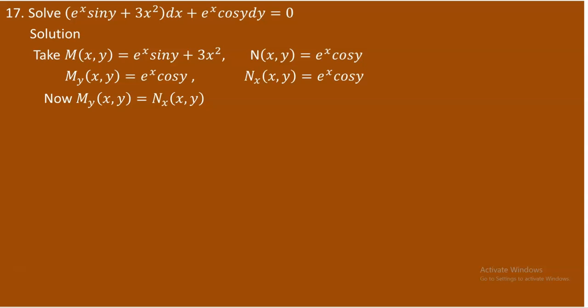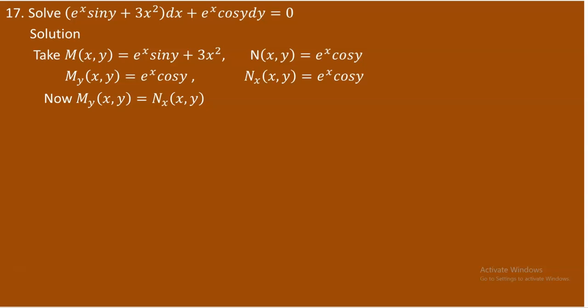So now how can we find the solution of this kind of differential equation? The solution of a differential equation, as I told you before, is an equation which is free from derivatives and satisfies the given differential equation. So let's see how we can solve that. Basically, there are two methods to solve exact differential equations.